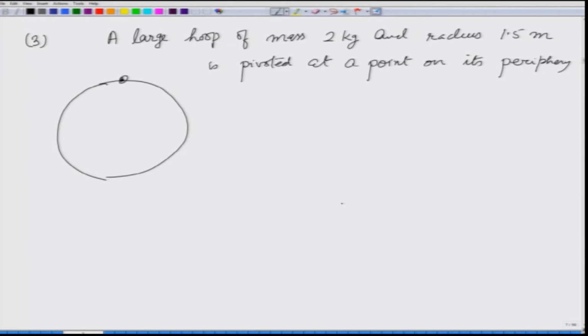So, this point is shown here, and this is a hoop. It is like a ring. All the mass is concentrated only on the perimeter, on the circumference.